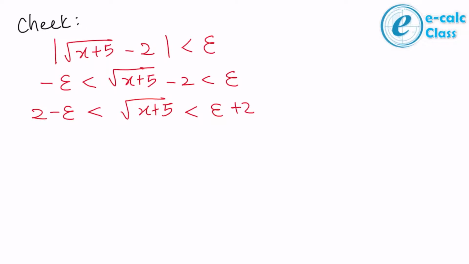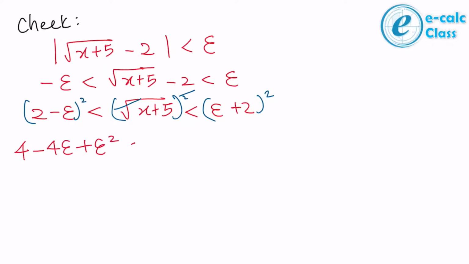Then you square both sides, and the square root cancels. If you expand this one, you'll get 4 minus 4 epsilon plus epsilon squared is less than x plus 5, which is less than epsilon squared plus 4 epsilon plus 4.